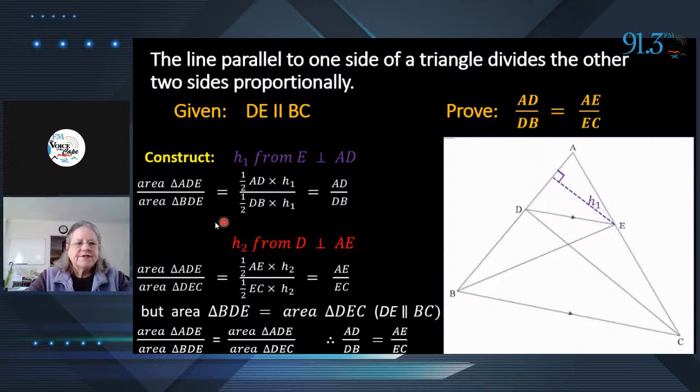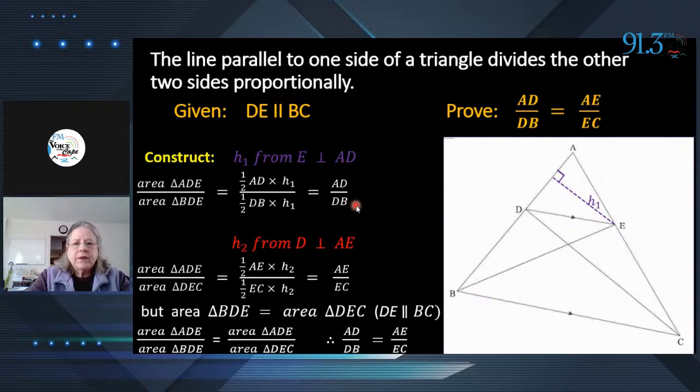Once we've done this, we can say that the area of ADE divided by the area of BDE is equal to half AD times H1, over half DB times H1. And like on the previous slide, we cancel the halves and the H's, and we're left with AD to DB, or AD over DB.